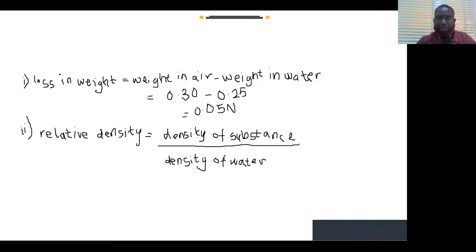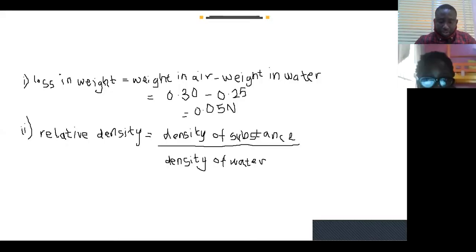Why not use the other method? Since you were given weight in newton, why not use weight in air over weight of equal volume in water? Do you understand? Okay, sir.